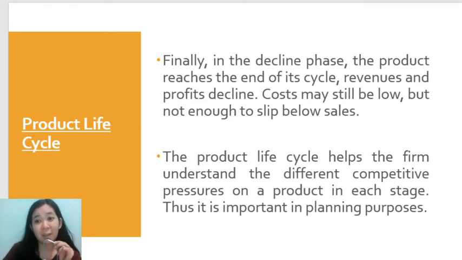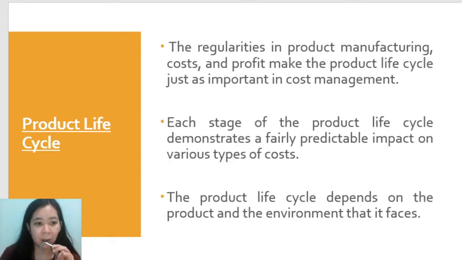Okay, so cost may still be low but not enough to slip below the sales. So the product life cycle will help the firm understand the different competitive pressures on a product in each stage. So thus it is important in the planning purposes. So that's how important is the identification of the product life cycle.